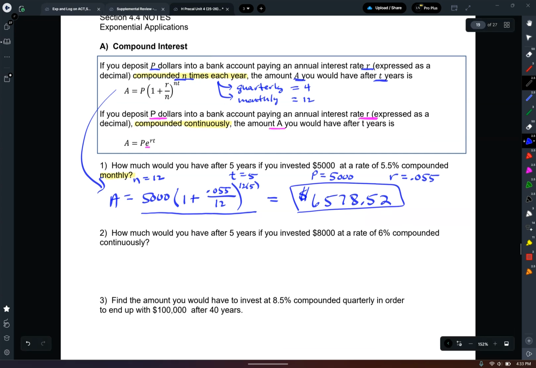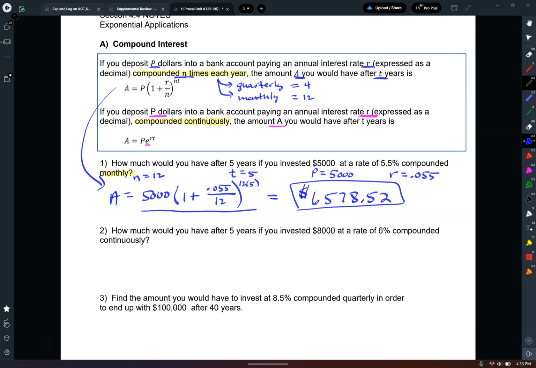Okay, so read the next one. How much would you have after 5 years? So T is 5. If you invest 8,000, so P is 8,000 at a rate of 6%, so R is 0.06, compounded continuously.